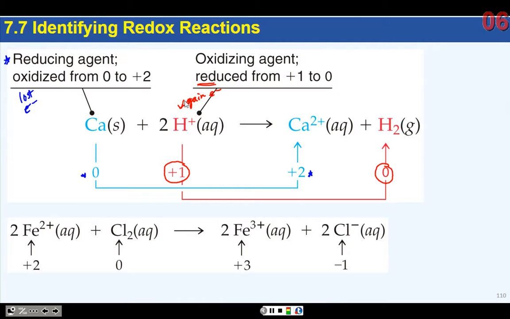The ones at the bottom of the screen are not labeled, so we'll have to think our way through them. So iron is going from +2 cations to +3 cations. So the iron is losing electrons and gets oxidized, and that makes it a reducing agent.